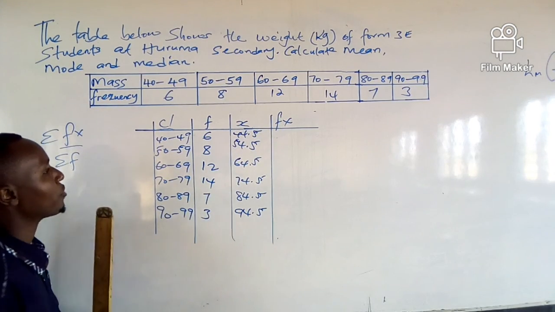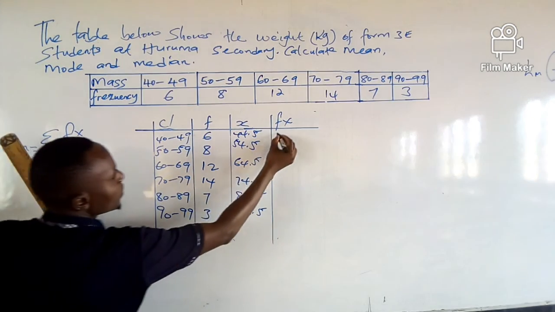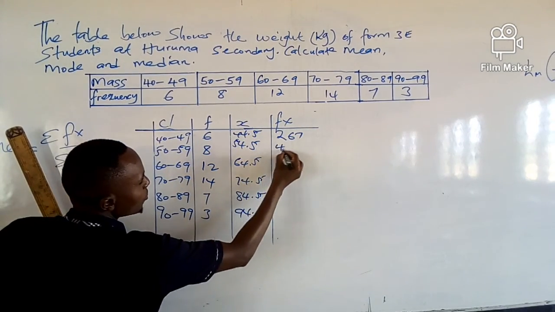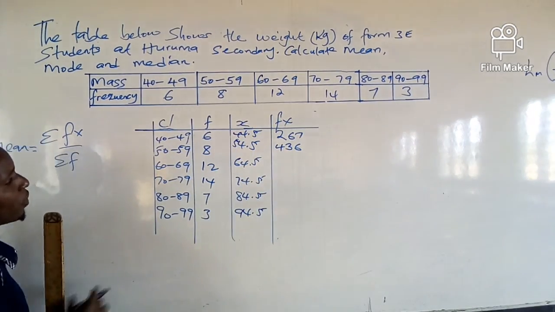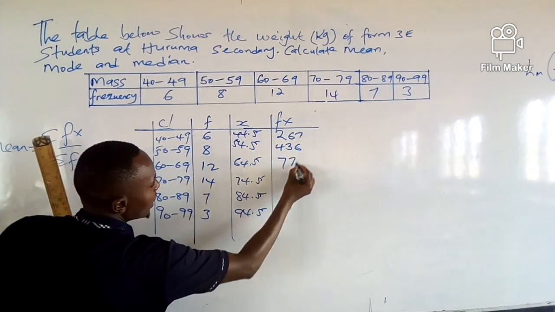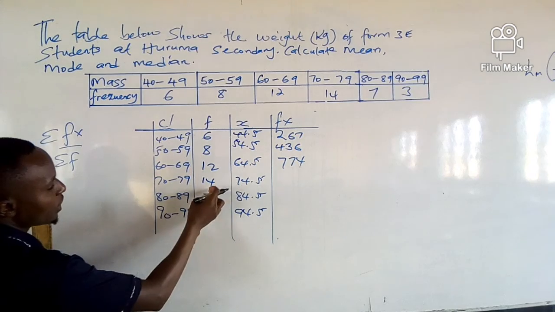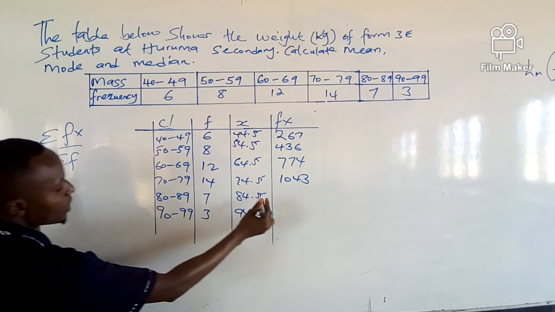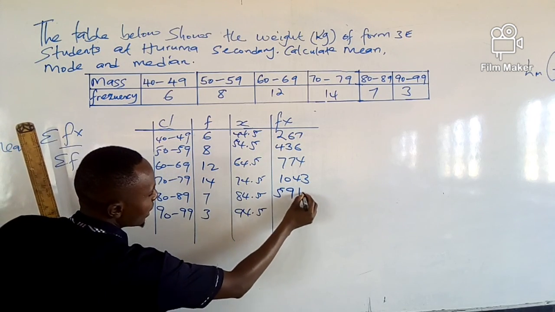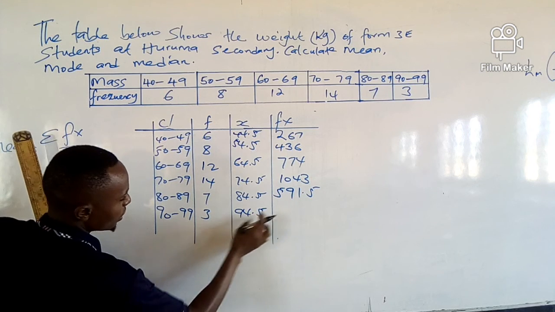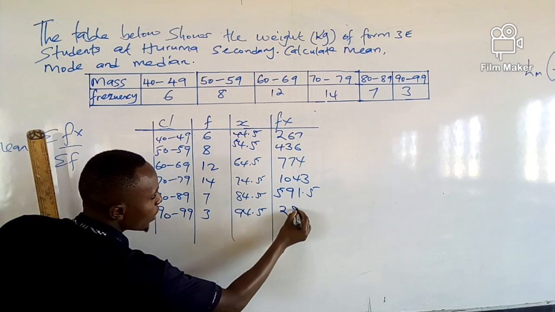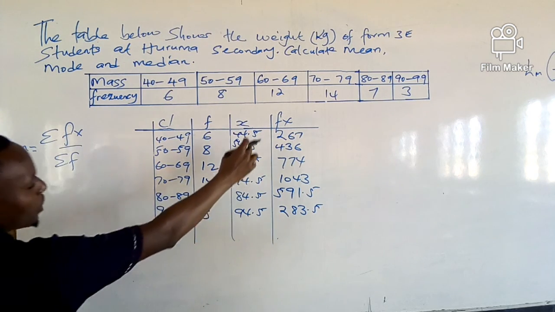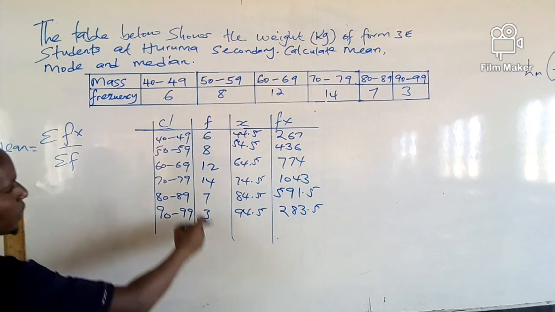That is 44.5 times 6, 267. 8 times 54.5, 436. 12 times 64.5, 774. Then 1043, 7 times this, 591.5. And this one is 283.5.